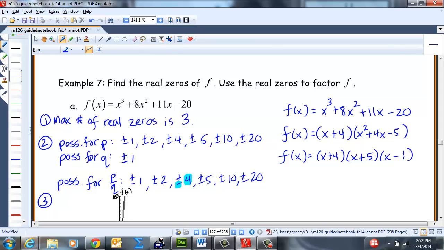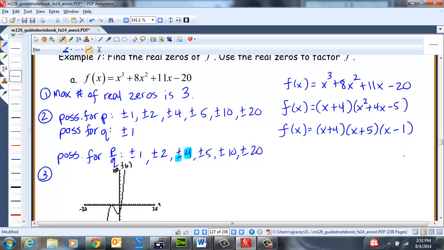So, as you see, the real zeros are at, so the real zeros are when x plus 4 is 0, or x plus 5 is 0, or x minus 1 is 0. So we would get x is negative 4, which we already used, x is negative 5, which is one of the possibilities here, or x is positive 1, which is another possibility.